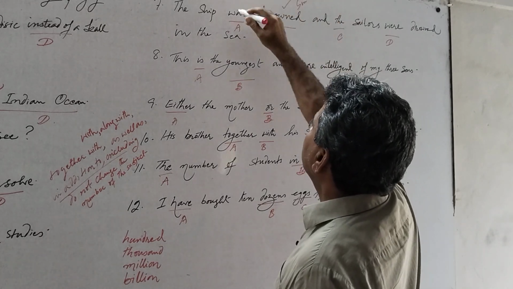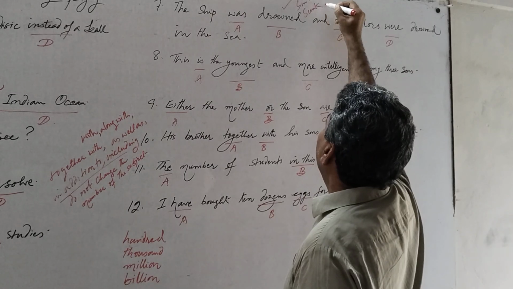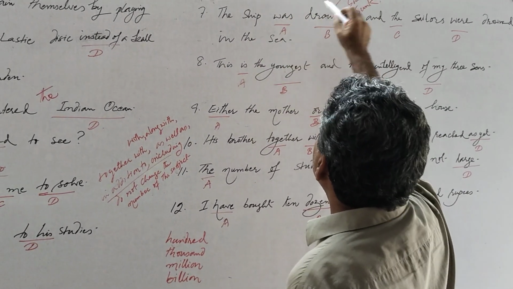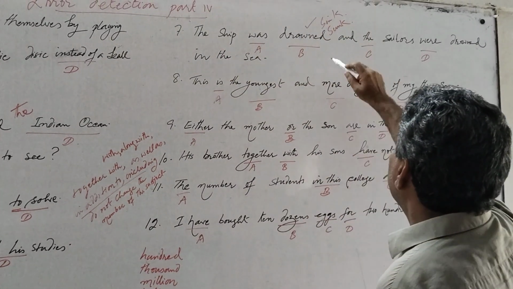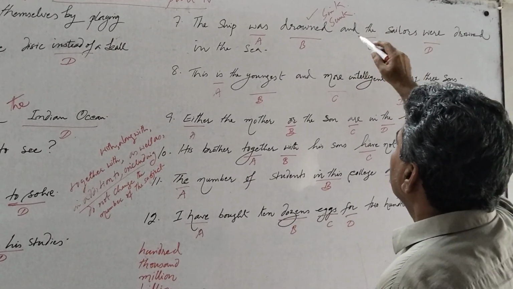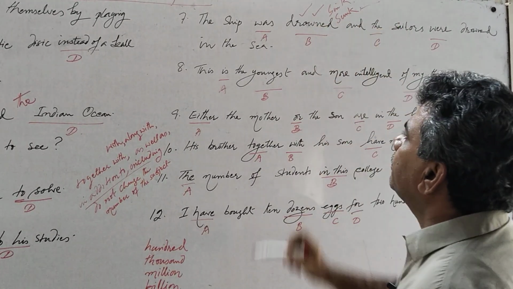And this is third form, we can say sunk here. So the correct form should be sunk, and we should replace drowned with sunk. The ship was sunk and the sailors were drowned in the sea. So we remove the word drowned and keep sunk here.